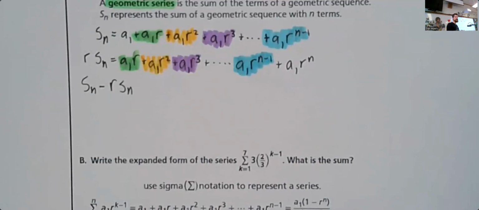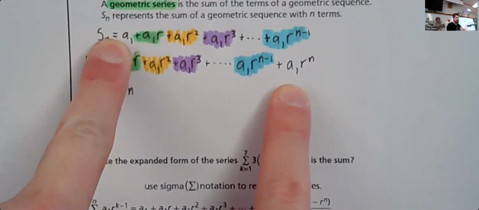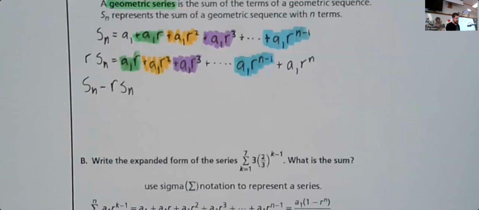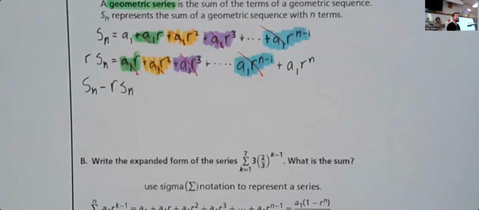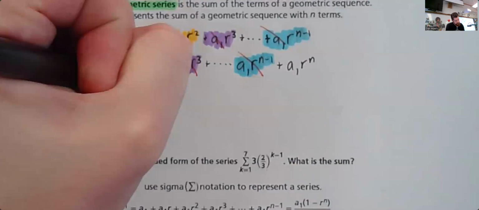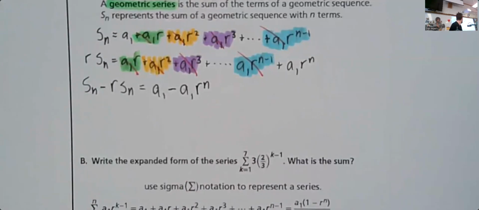If you subtract the two sequences, you are left with the first term of the first sequence and the last term of the second sequence. And they're being subtracted because this is subtracting that. So basically, these all cancel, and you're left with a sub 1 minus a sub 1 times r to the n power.